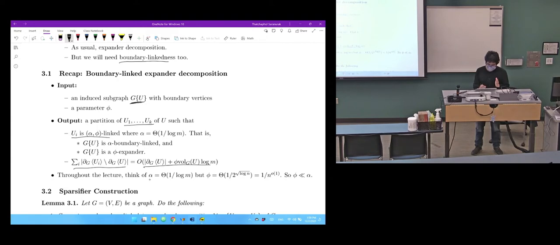And throughout this lecture, you should think of alpha as 1 over polylog m, but you should think of phi as something that is strictly less than that. So phi is much smaller than alpha. At the end, I will set phi to be something like this.